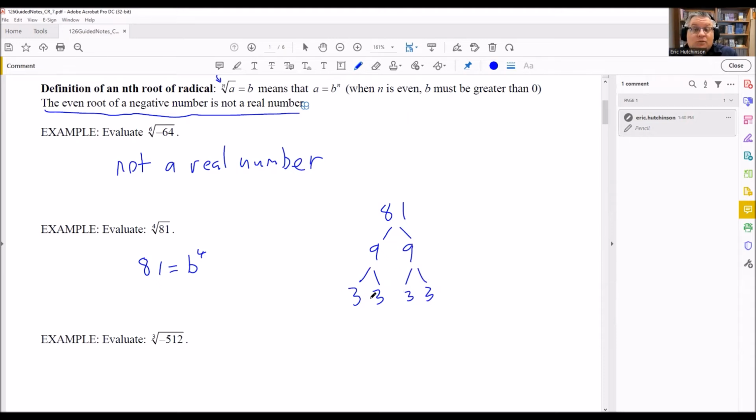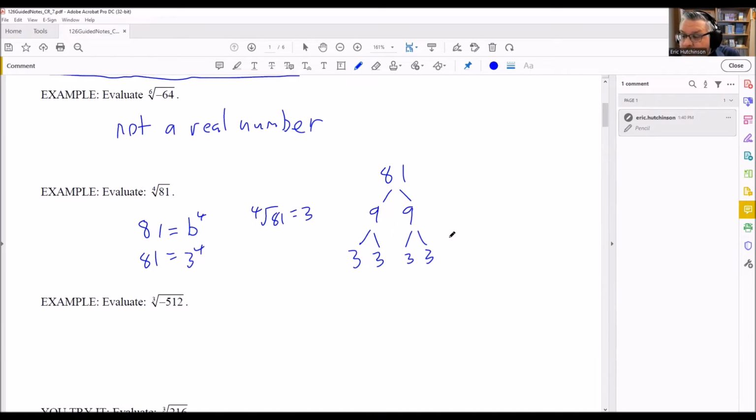Another word for that is prime numbers. So this tells us that 81 is equal to 3 to the 4th power, because 4 3's multiplied together will give you 81. So since we found out what that number is, now we know the 4th root of 81 is equal to 3. So that's how we find that one.